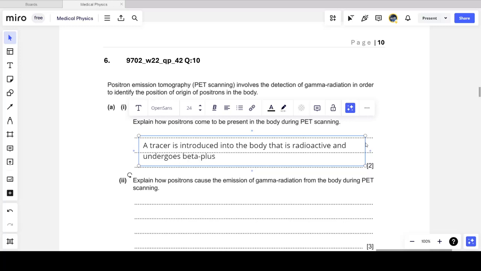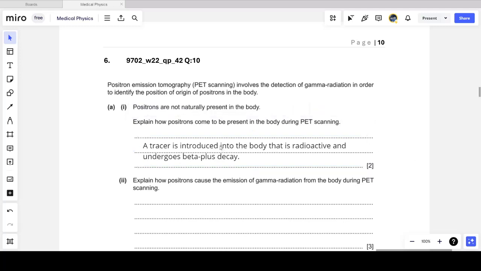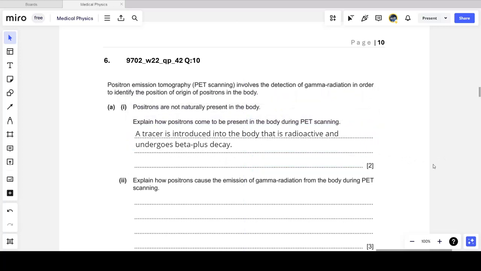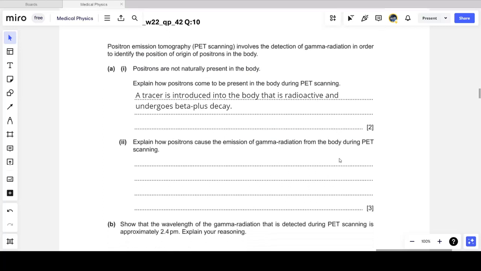You can draw the symbol for beta plus, it's fine, I'm just going to write it in words. It undergoes beta plus decay. What is a beta plus particle? It is a fast-moving positron. Okay, so it is a positron with high energy. And so when the radioactive tracer is introduced into the body, it immediately undergoes beta plus decay, and that's where the positrons come from. That's all they ask. They only ask where the positrons actually come from.